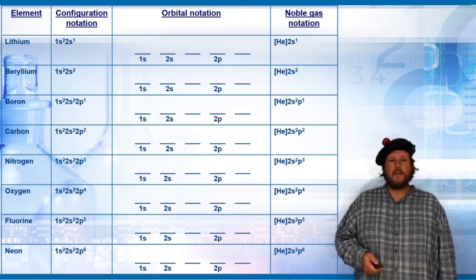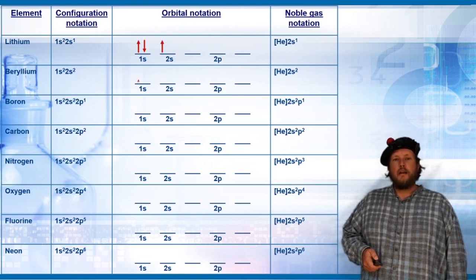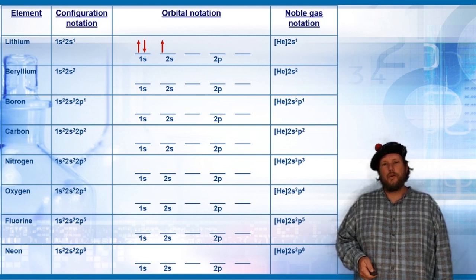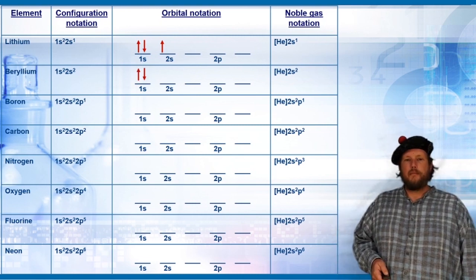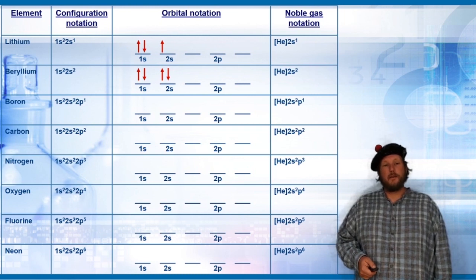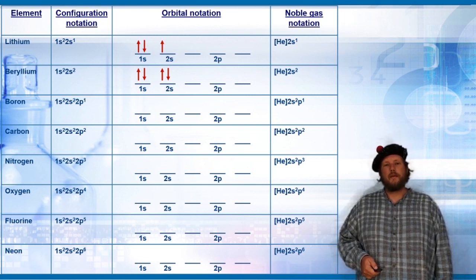So the orbital notation of lithium has 2 electrons in the 1s orbital and 1 electron in the 2s orbital. Beryllium is 1 up spin, 1 down spin, 1 up spin, 1 down spin, so it's 1s2, 2s2.